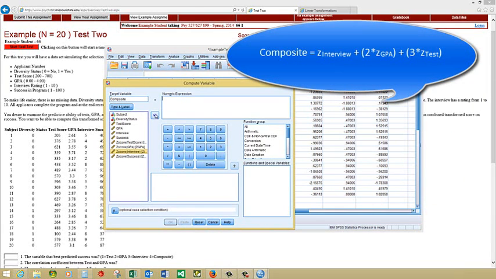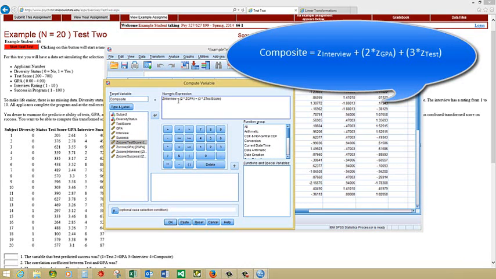We use the interview plus, and we'll put parentheses in just to make sure, and 2, we want 2 times the GPA. We'll add another plus, and 3 times the test score.